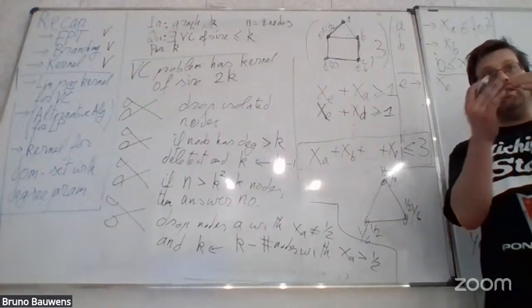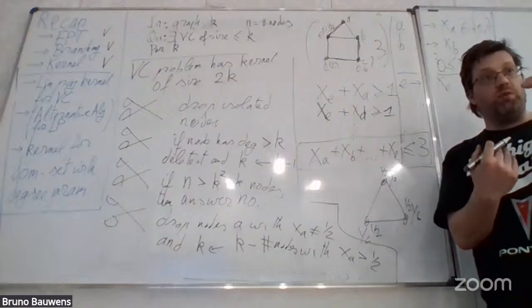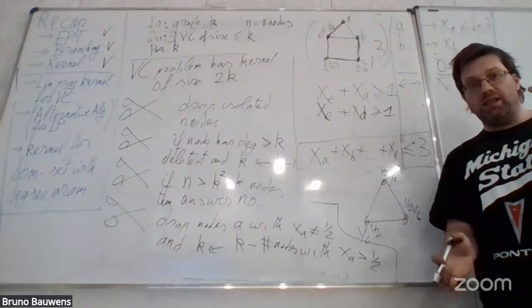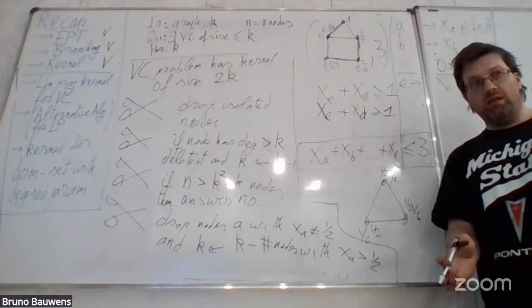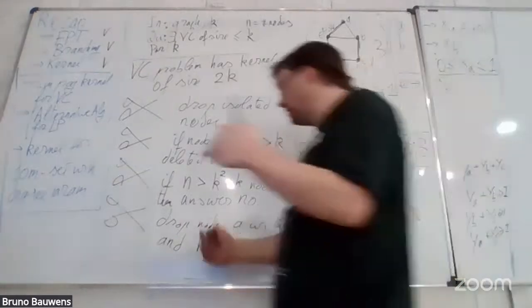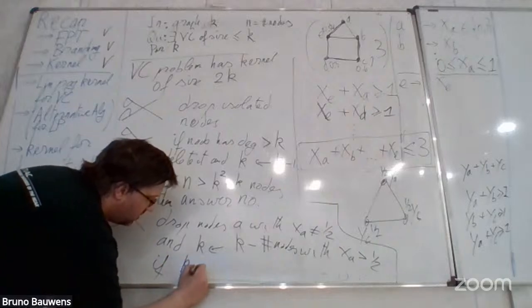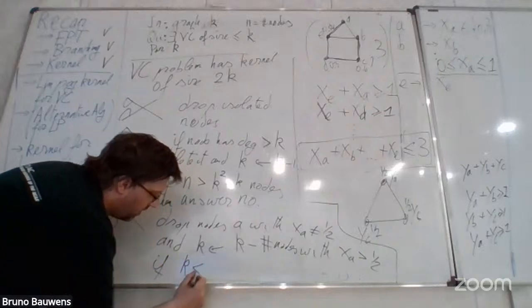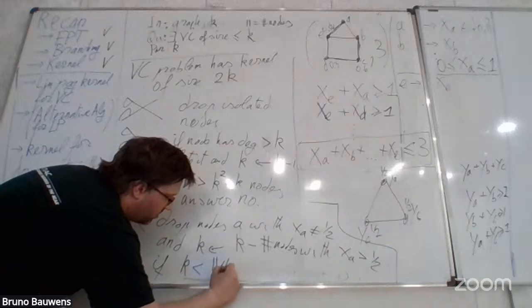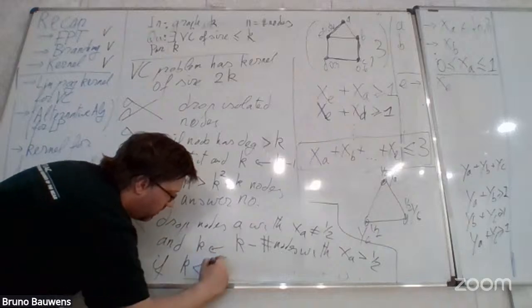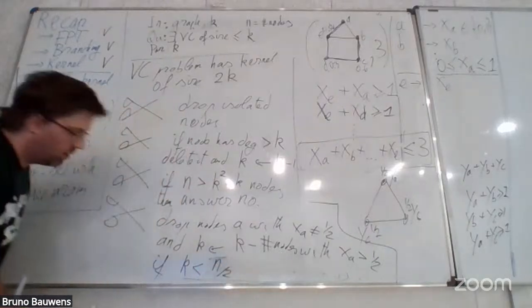So if k is smaller than half of the nodes, we can directly say no. So it should actually be added: if k is smaller than the number of nodes n divided by 2, say no.